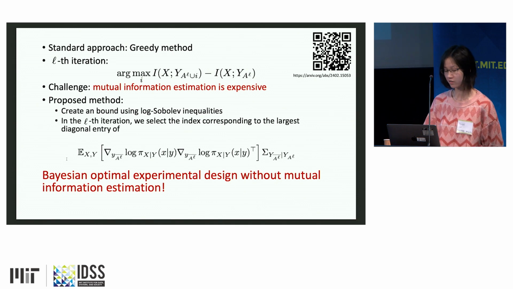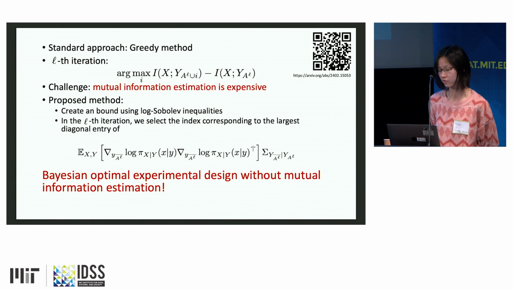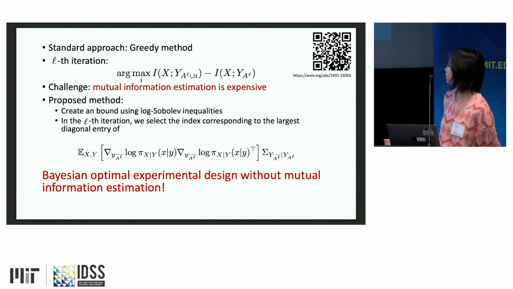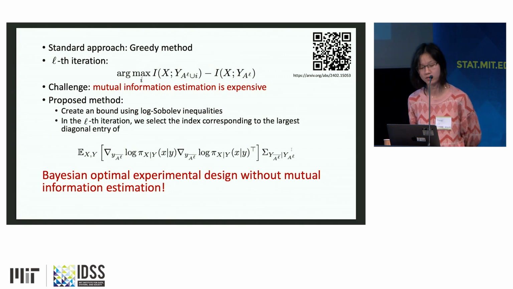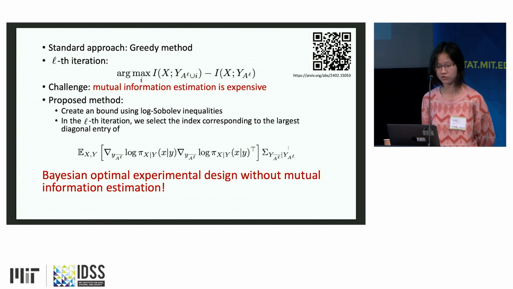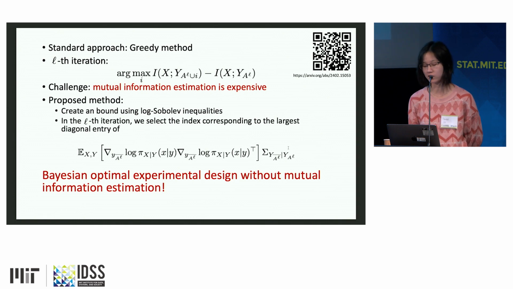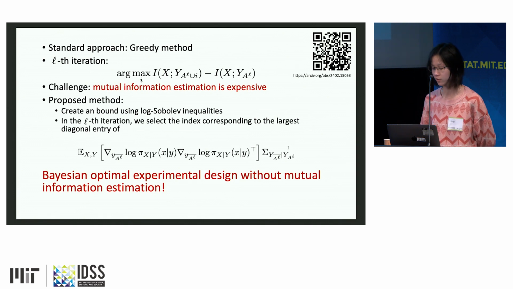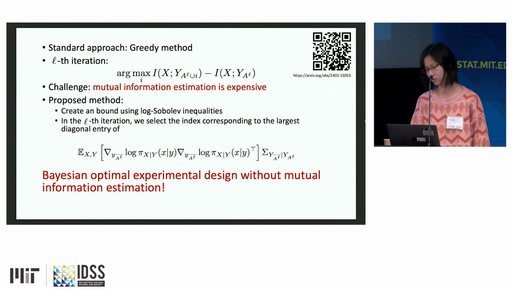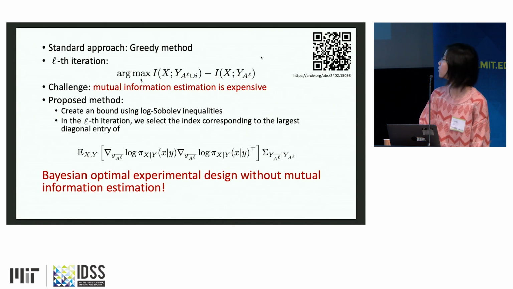On the right is just the conditional covariance matrix. Once you obtain those two matrices, you just delete rows and columns, and this one you obtain using the Schur complement. So this is a way of doing Bayesian optimal experimental design without mutual information estimation. If you want to read more, you can scan this QR code or talk to me later.